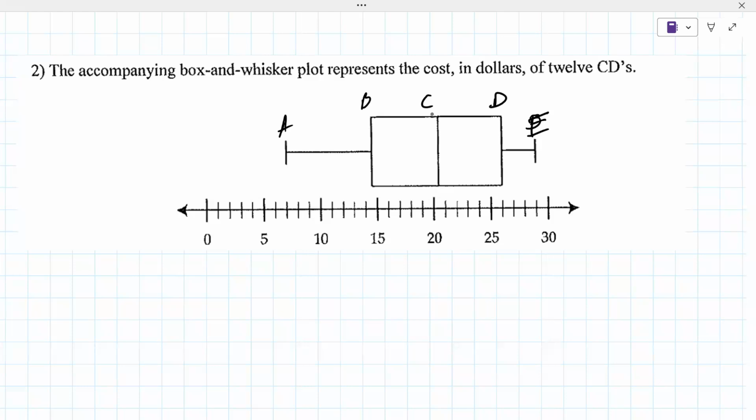I got 7, 15, 20, 26, 29. All right, I'll go with that.